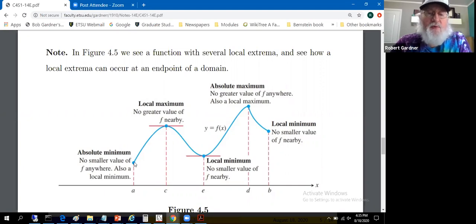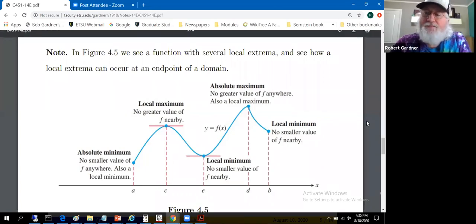Now, what I'd do if I were me, which I am, is find all of these little local extrema and then just pick the biggest one. The greatest one will be the absolute maximum, and the least one will be the absolute minimum. So we've got 1, 2, 3, 4, 5 local extrema and 2 absolute extrema, absolute max, absolute min.